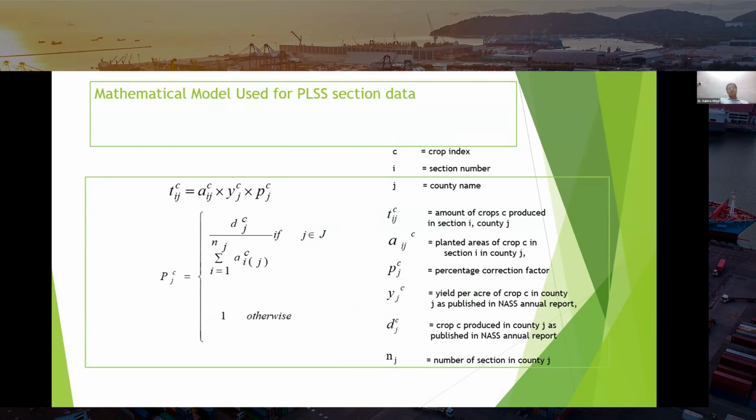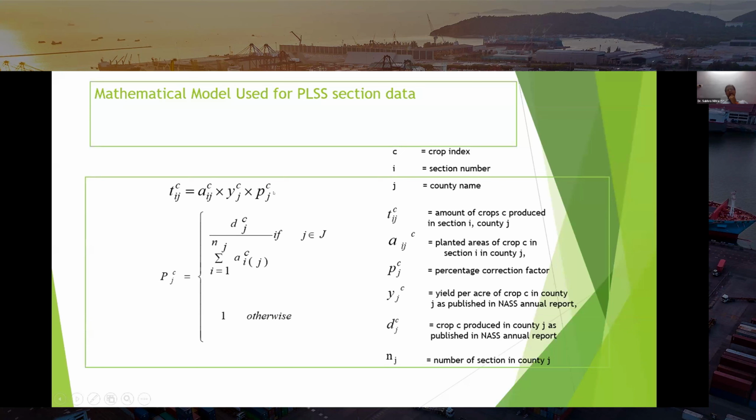So this is the model which we used for estimating the crop production in each of those sections. A signifies the planted area of crop in a particular section. We have this yield.